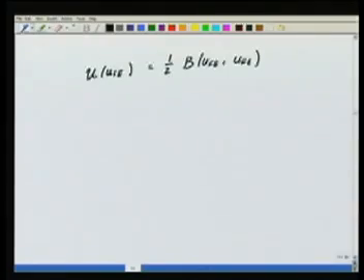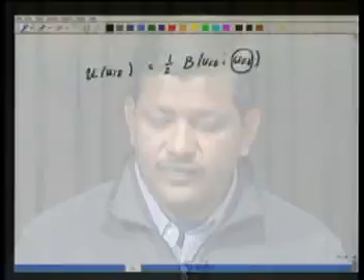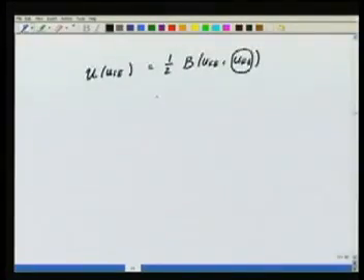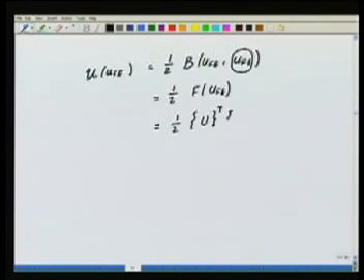But I know that UFE is a choice for a V. So this is certainly going to be equal to half of f of UFE. Okay. This is going to be equal to half of my displacement vector multiplied by the load vector.